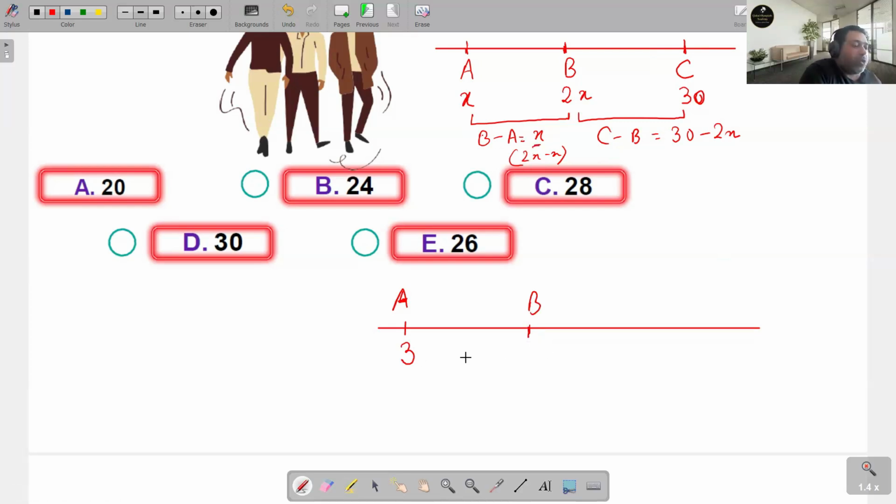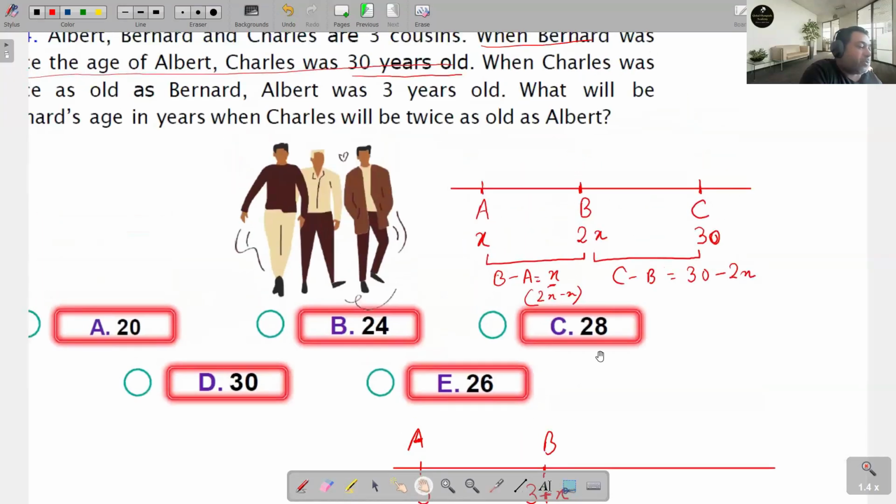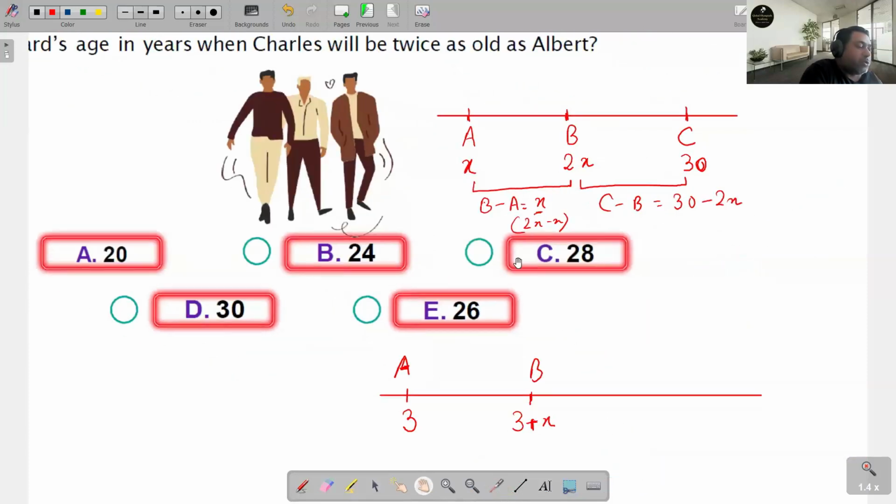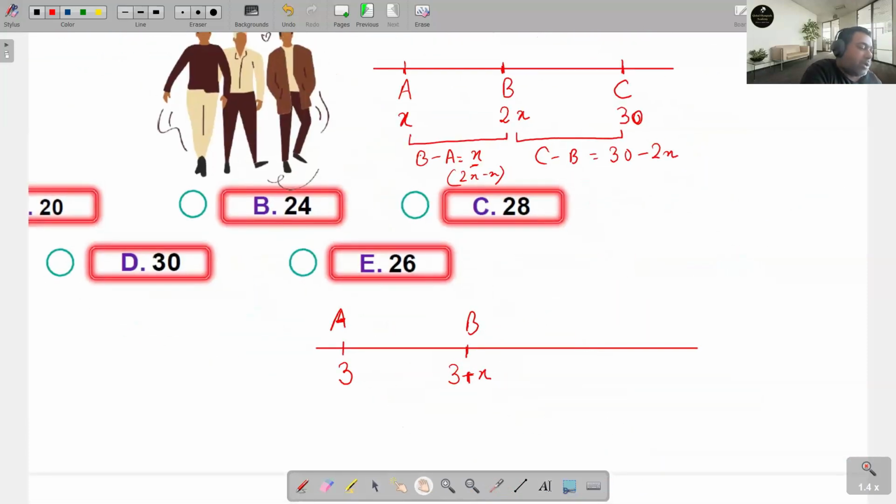Bernard will be X years older than Albert, so it will be 3 plus X. Correct? And Charles was twice as old as Bernard, so Charles at that time will be twice as old as this. If I multiply this by 2, I'll get 6 plus 2x.